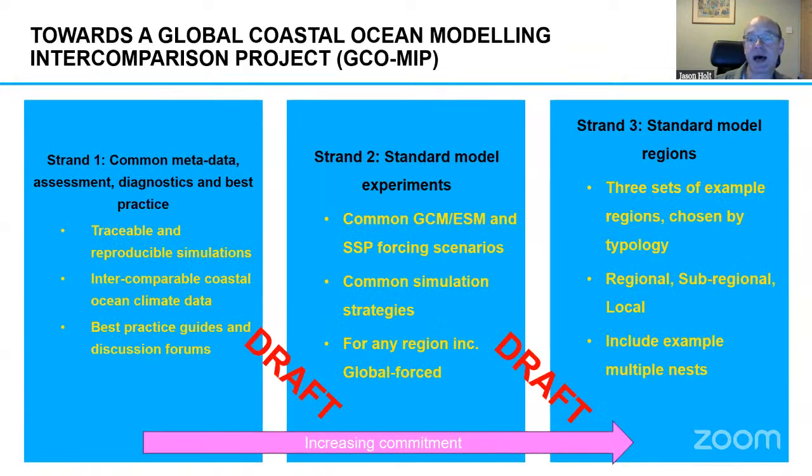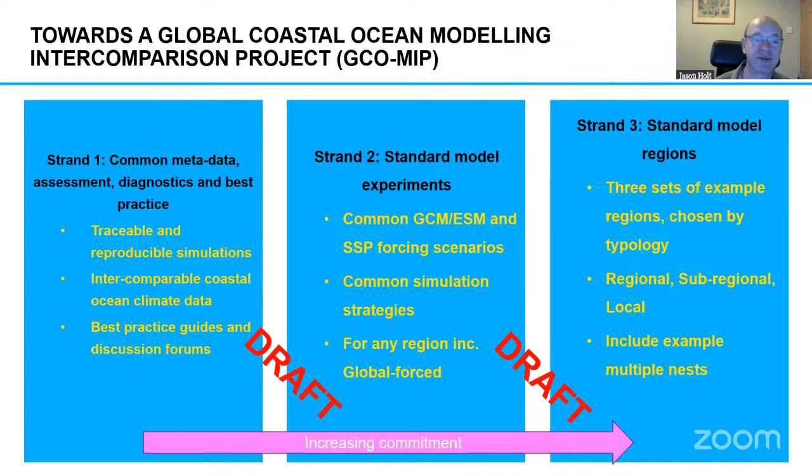So within FLAME, we are beginning to coalesce on what we might call a global coastal ocean model intercomparison project, a GCO MIP, potentially having 3 strands of activity, each strand essentially an increasing practitioner commitment. Strand 1 is relatively straightforward.